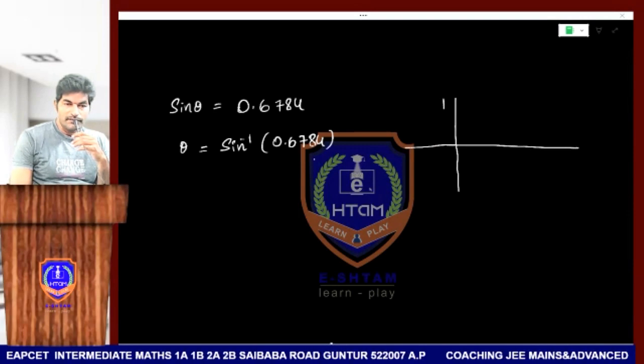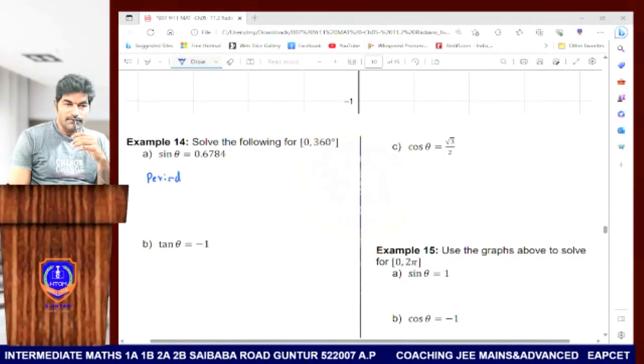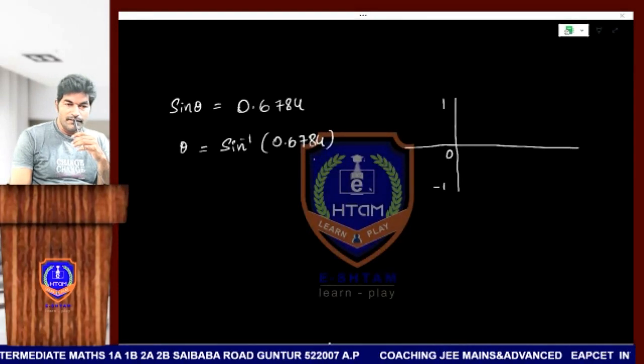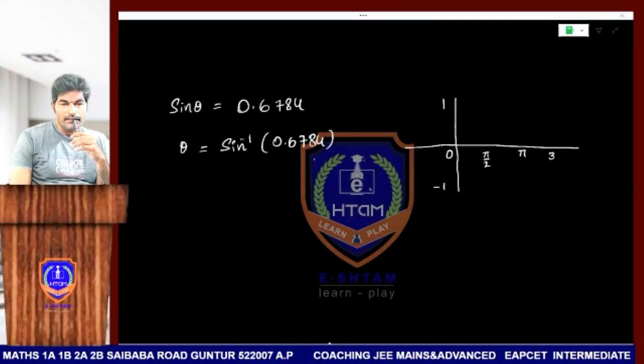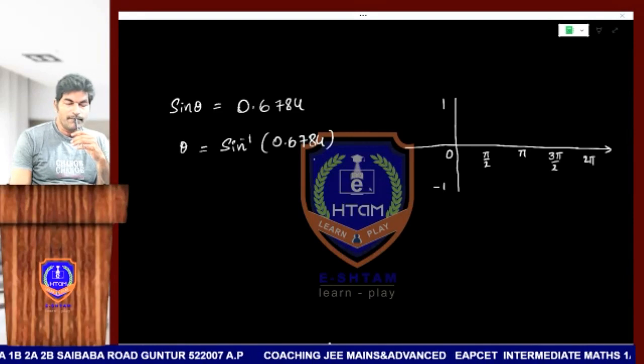We know that sine graph will be passing through which values: 0, pi by 2, pi, and 3 pi by 2, and take the last value as 2 pi.